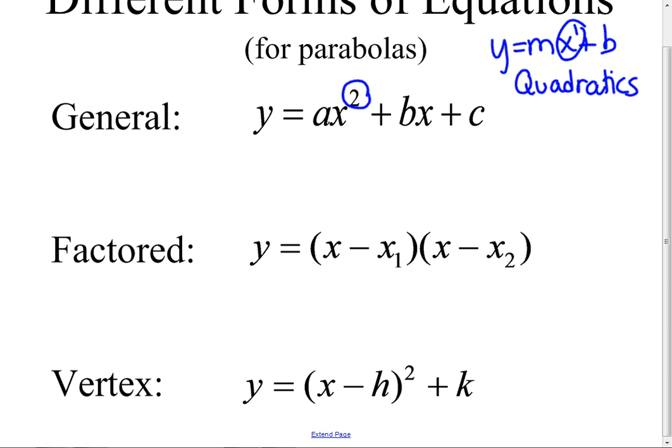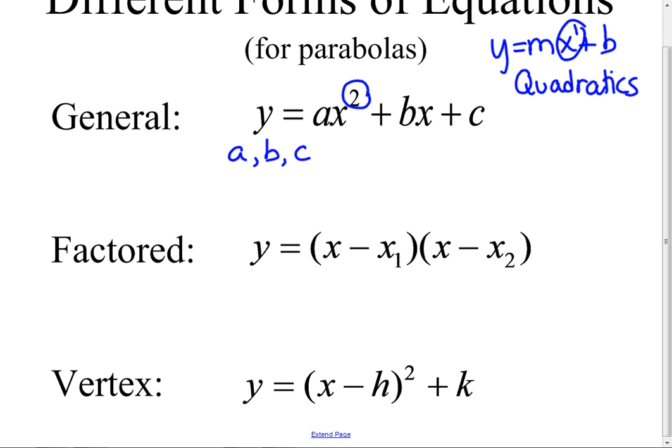If you let the exponent become 3, they're called cubics. And we could take our graphing calculators and play with some of these other functions to see what they look like. Okay? So this is just the regular general form. A and B and C, I'm going to give you the real word for them.